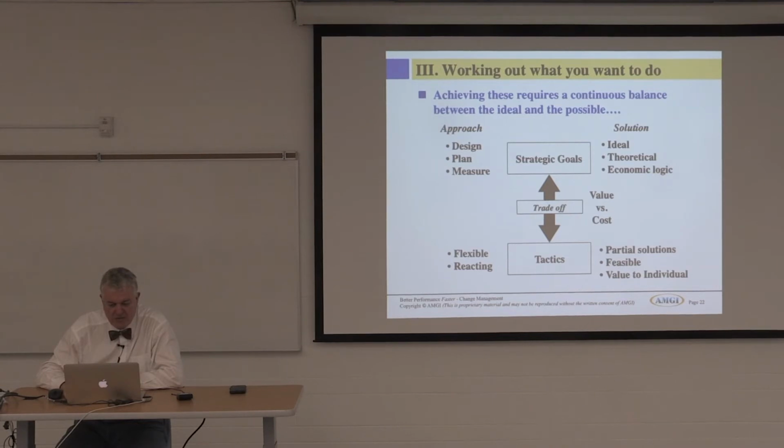Achieving these requires a continuous balance between the ideal and the possible. So you've got strategic goals and you have the tactics. You've got a trade-off. What I'm really saying here is you've got to be flexible all the way through. Don't go about this like an engineering project where you design this part of the house and then this part and you put this together and so on. It's a very scientific process, physical structure.